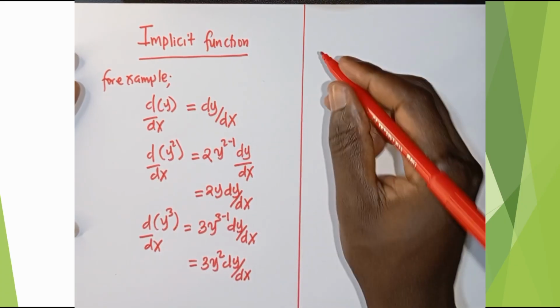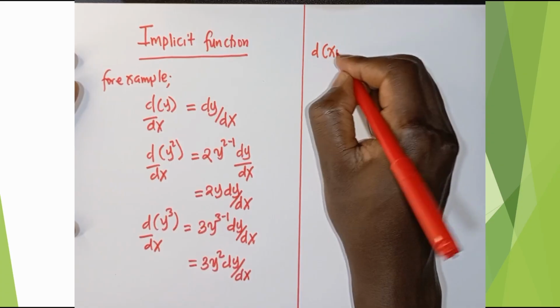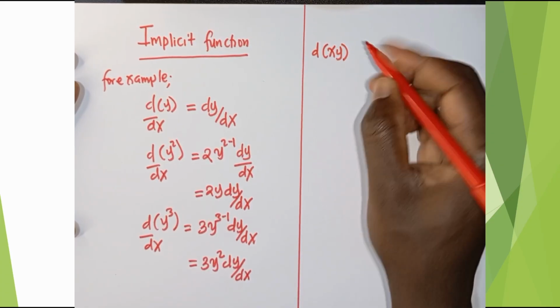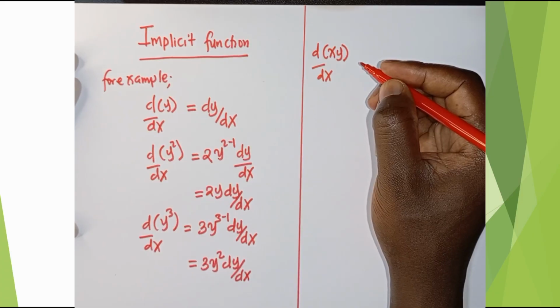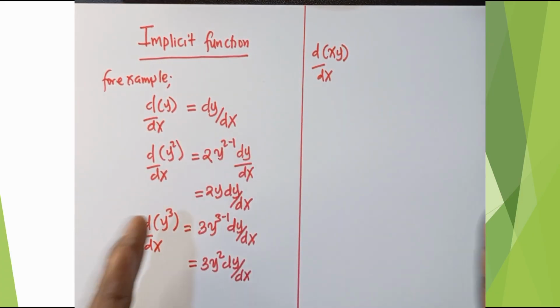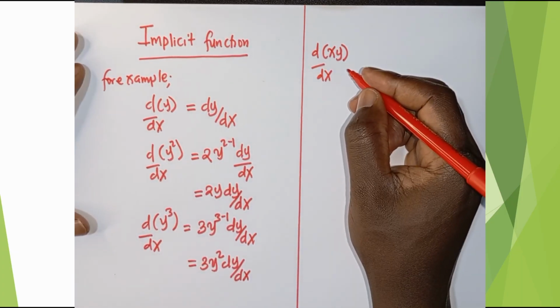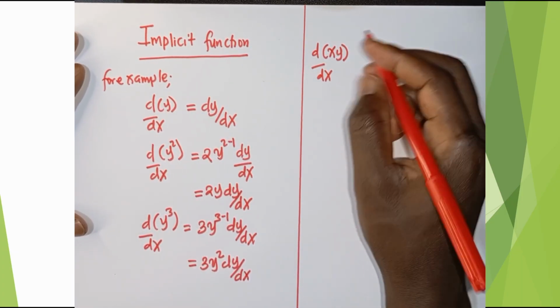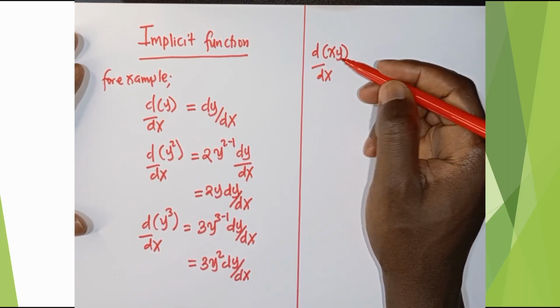However, what about when you are to differentiate xy with respect to x? In such a case, we are beginning with the simple examples as we graduate to the complex ones. Now, to differentiate xy, if you look, xy is a product.